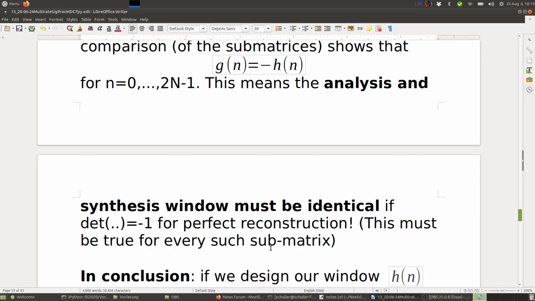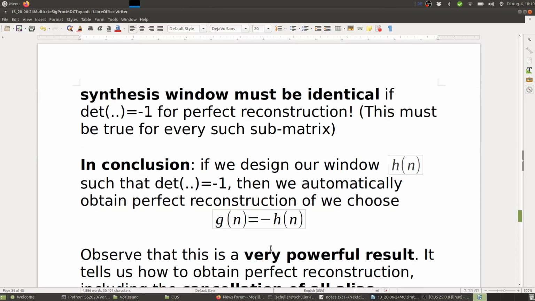If we fulfill this condition, then we don't even need to design a separate synthesis filter prototype, but we just take the analysis and flip the sign. So in conclusion, if we design our window function h of n such that the determinant of the submatrix is -1, then we automatically obtain perfect reconstruction if we choose g equals minus h.